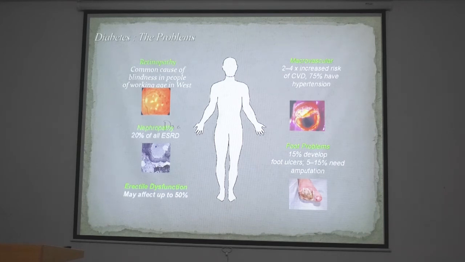ESRD means end-stage renal disease. Erectile dysfunction, macrovascular: 2 to 4 times increased risk of CVD, cardiovascular disease, 75% have hypertension.